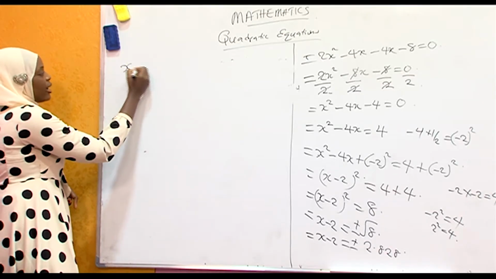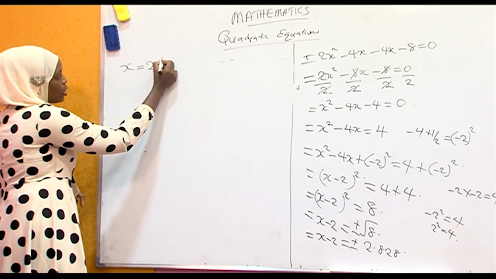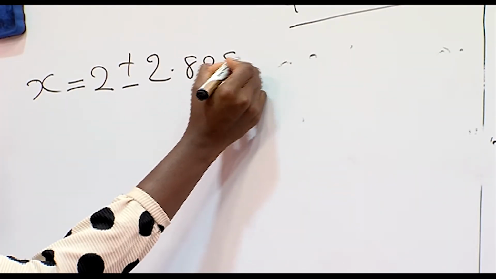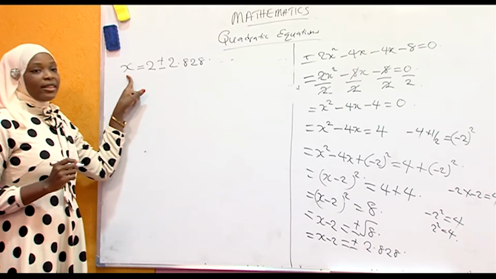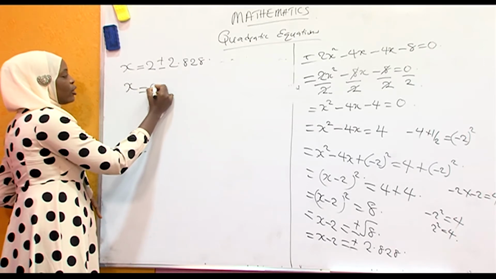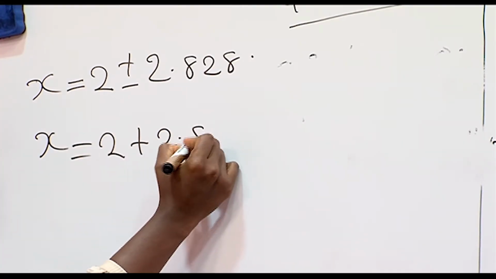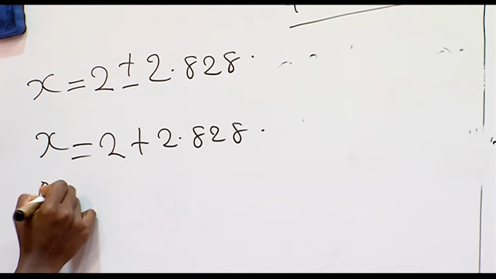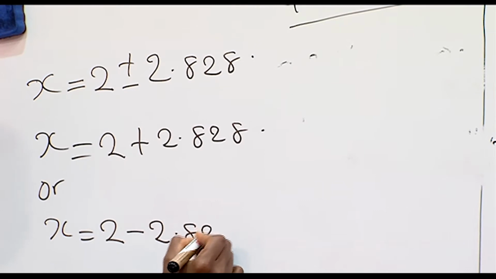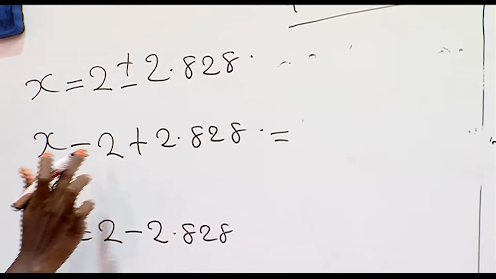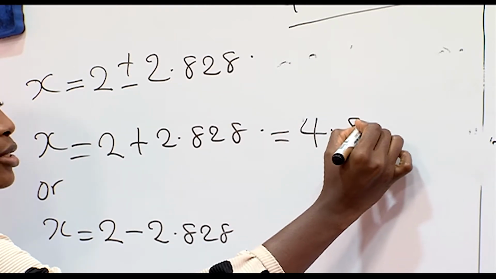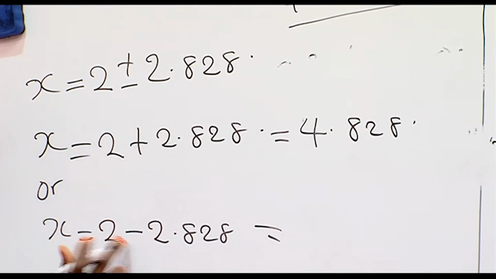So I have x is equals to 2 plus or minus 2.828. We know at the end we have two values for your x. So my x is either 2 plus 2.828, or the x will be 2 minus 2.828. Solving this, 2 plus 2.828, 2 plus 2 will give 4.828.